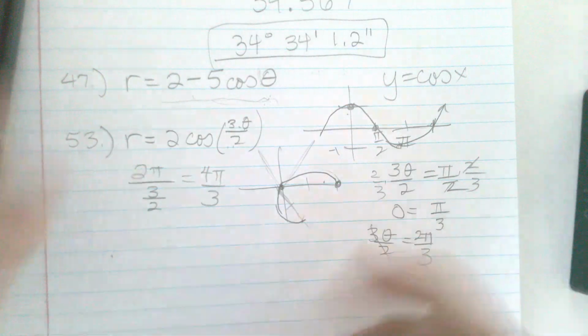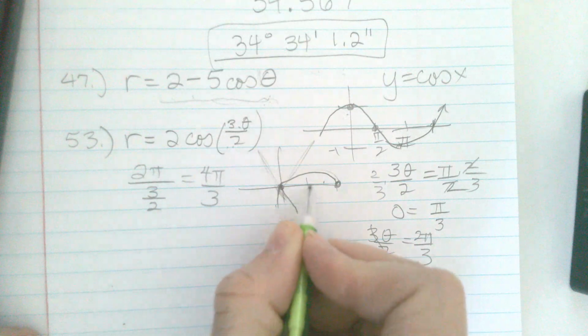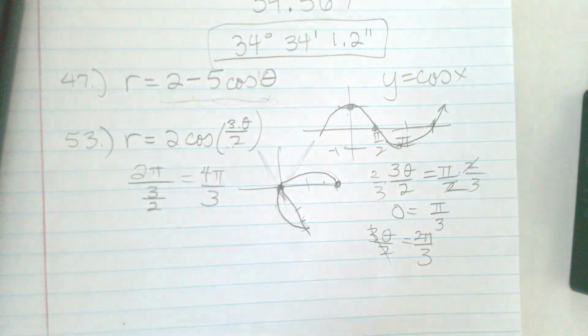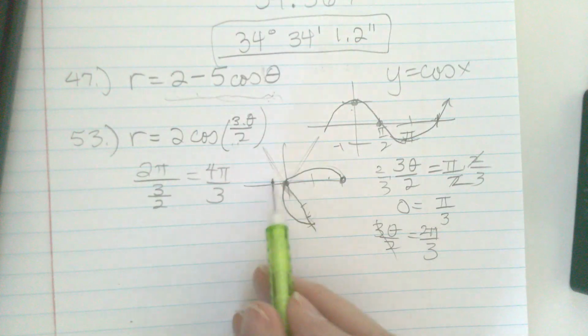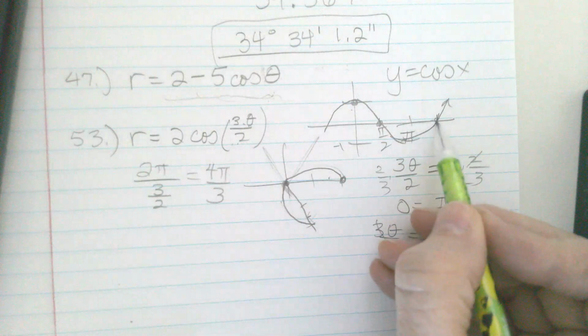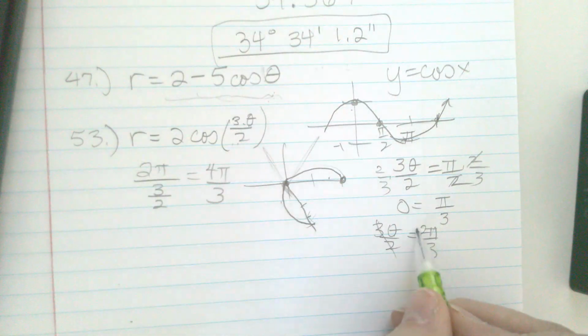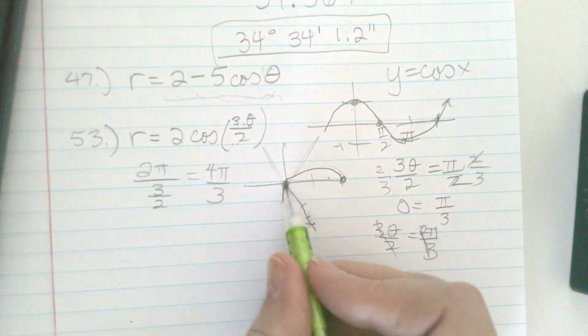Oh, goodness. I didn't need to have equal units, did I? Then literally, we can keep going. It hits 0 again when 3 theta over 2 equals 3 pi over 2, right? Oh wait, did I already hit that one?